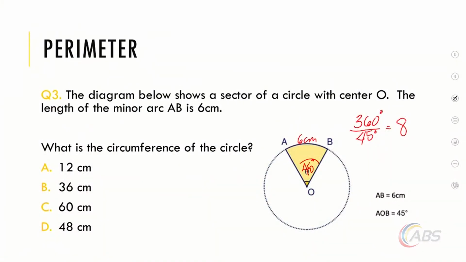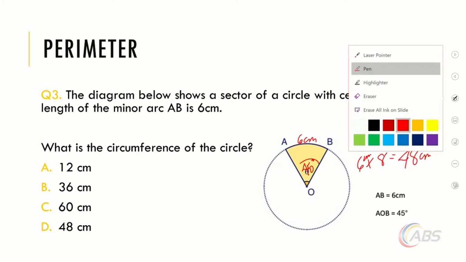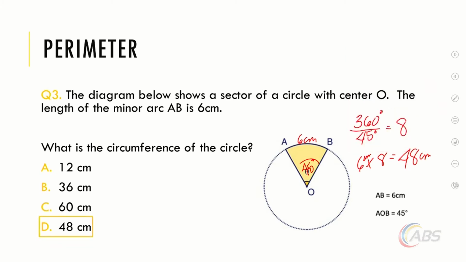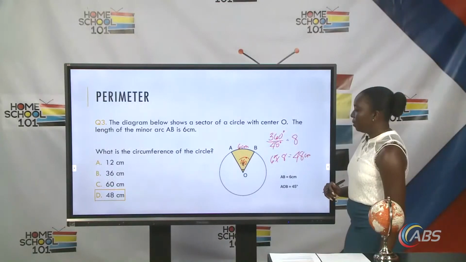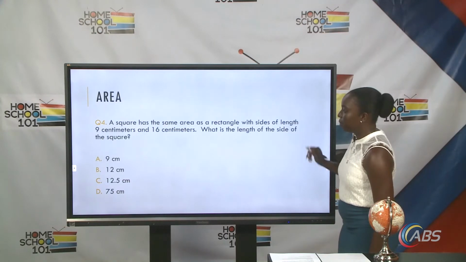That means we can now multiply 6 times 8, just add in our cm. 6 times 8, and we're going to get 48. And that's our answer there at D. Okay? That was simple. Not so bad.